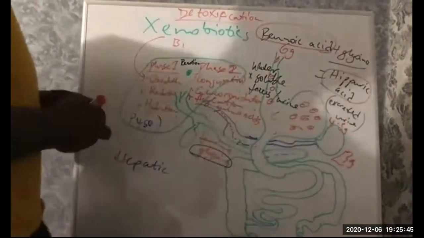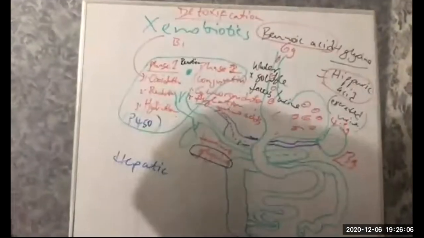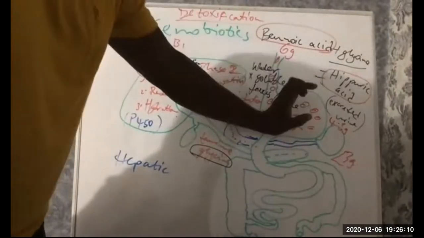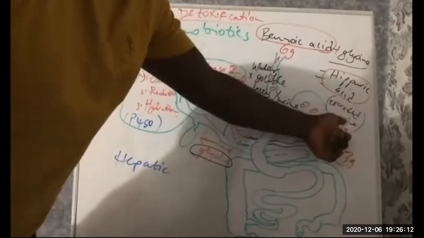So once you give this patient this 6 grams of benzoic acid, over the next 4 hours, you collect every urine that the person urinates. Then you check the content of benzoic acid in the hippuric acid found in the urine. They have a way of doing that. They will check the benzoic acid content in that hippuric acid found in the urine.